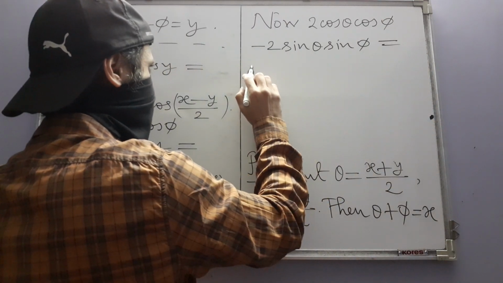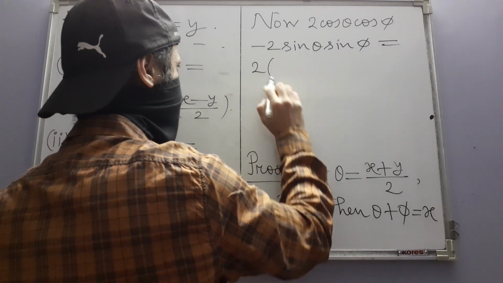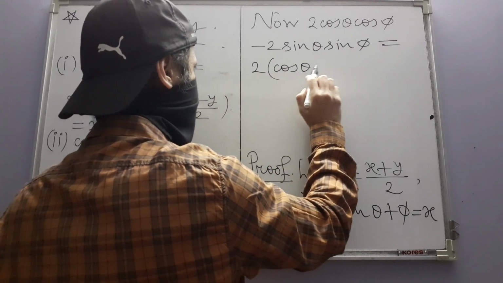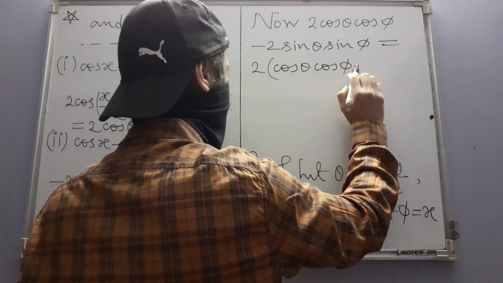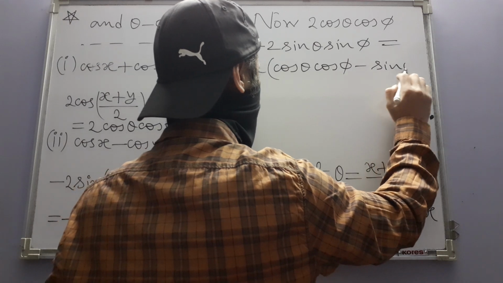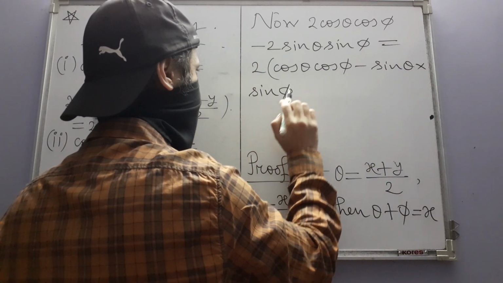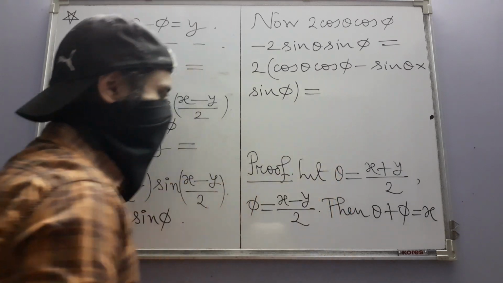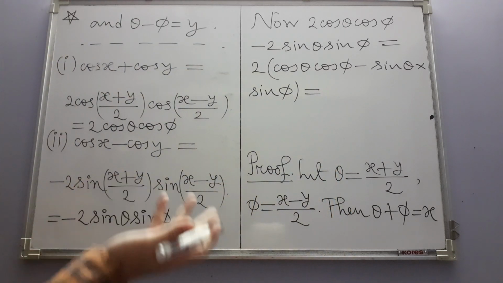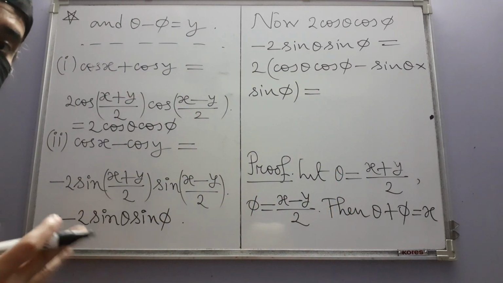So this is 2 times (cos theta cos phi minus sin theta sin phi). But this is precisely cos of theta plus phi.